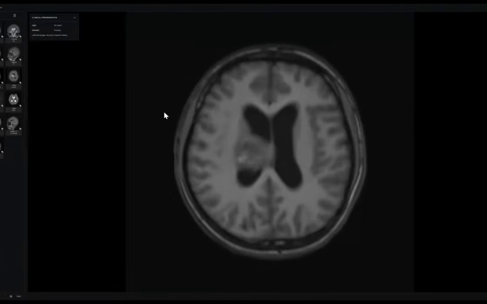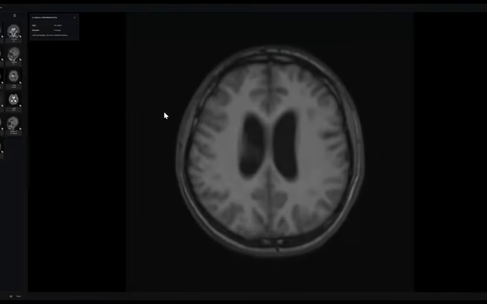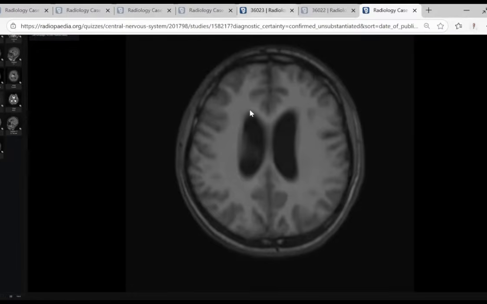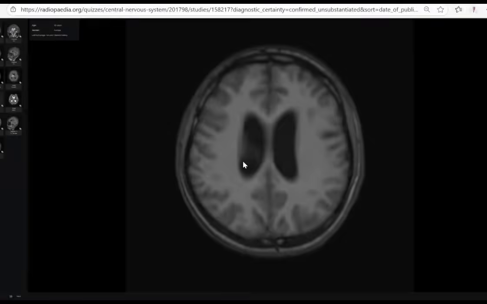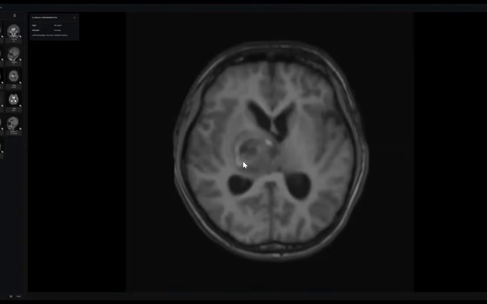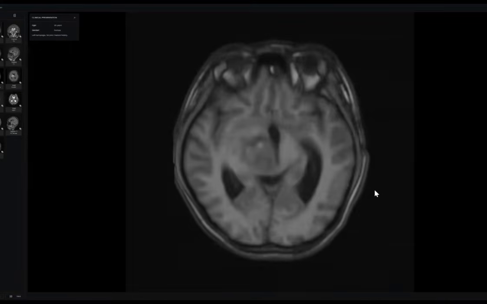What's your differential diagnosis? Hello? Hello, sorry. Yes, in this region of the brain, I would think of maybe a high-grade glioma based on the age, 25 years.